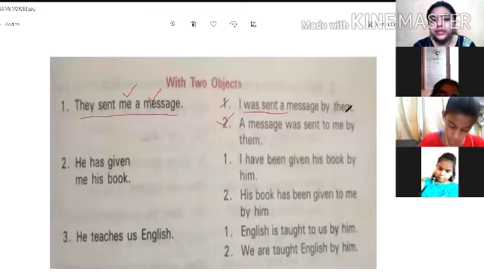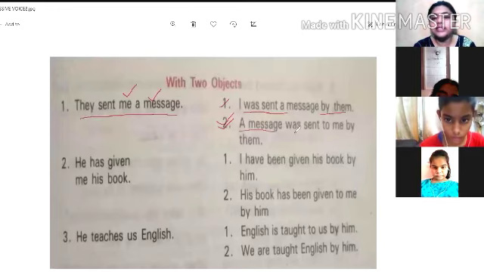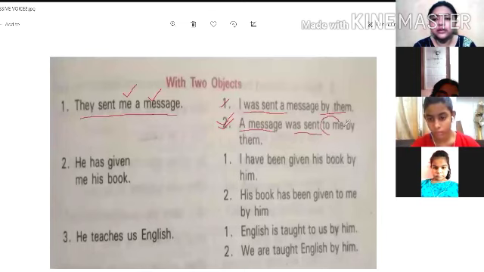I was sent a message by them. Or if you don't want to write it like this, it might become complicated for you. You just go with this approach. A message was sent to me. Whom was the message sent to? It was sent to me. We just have to add to here. And then by them. Like we used to do in the simple sentences.